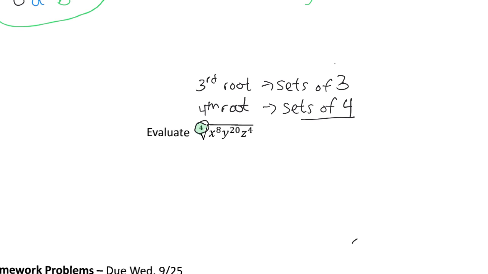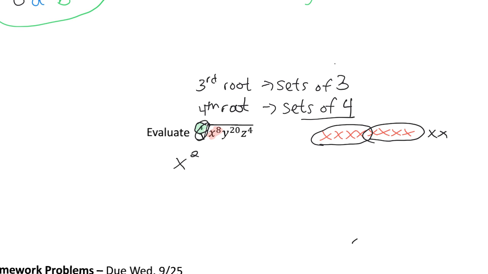So let's start with our x's. So I'm going to write out all my x's. I have 8 of them. So how many sets of 4 do I have? So I have 2 sets of 4. So that means I have x squared. Remember, if I had any extras, like if it was out of 10 and I had 2 left over, those 2 would be going back inside the radical.